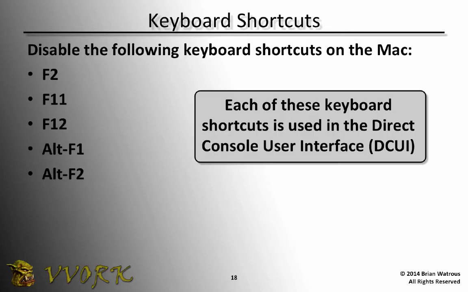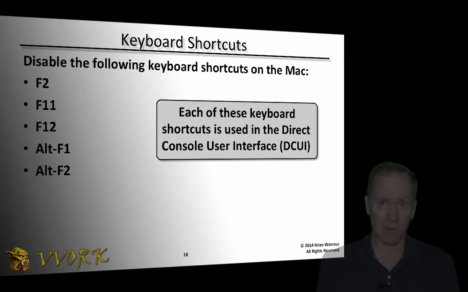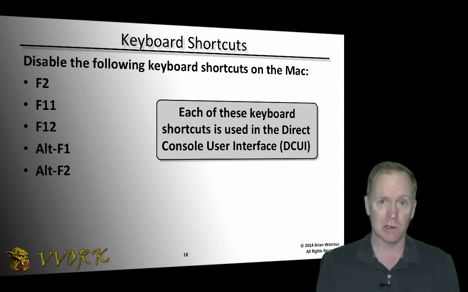Anyways, there's one more slide here, and this one's actually an important one. You won't see this immediately, but when it comes time to start configuring the hosts, you need to have disabled the keyboard shortcuts that you see listed here on the screen. I myself, when I first started doing this, found myself continuously going back to system preferences in order to unmap each of these keyboard shortcuts.